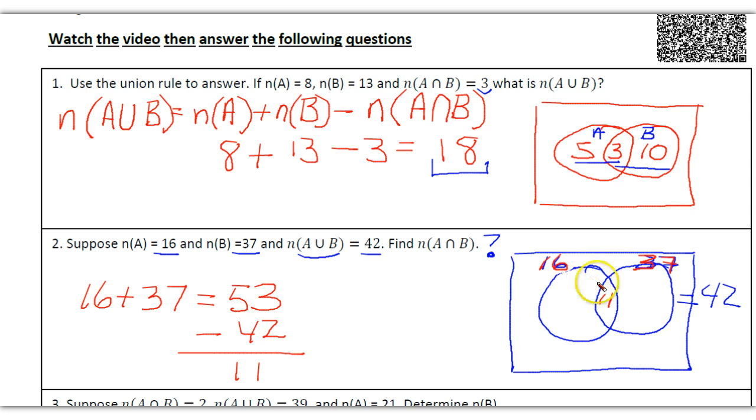So to figure out these, again, this is for practice. Now 16 minus 11 is going to be 5 here. And 37 minus 11 is going to be 26. Now if we add these up, we get this.